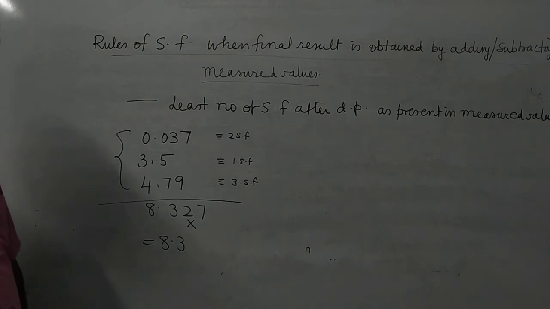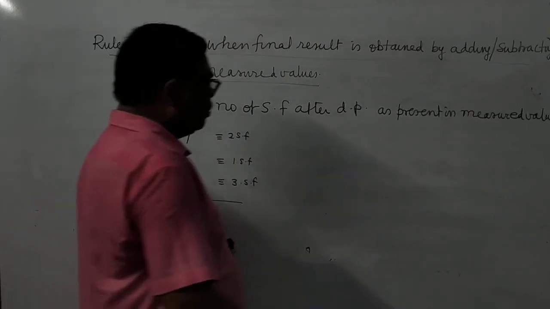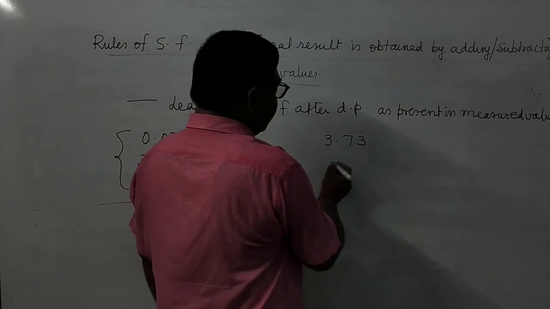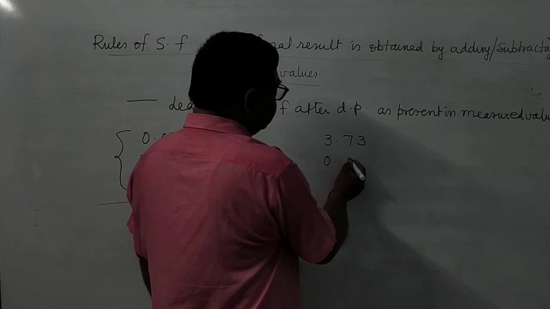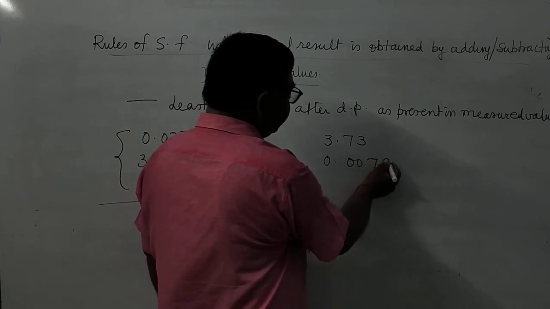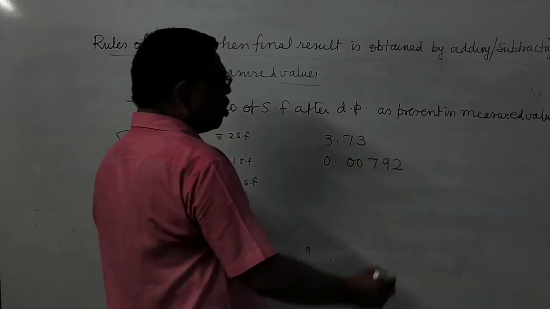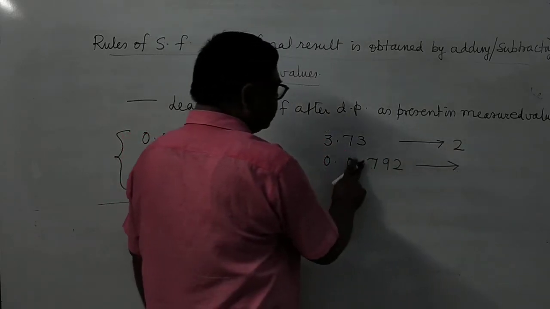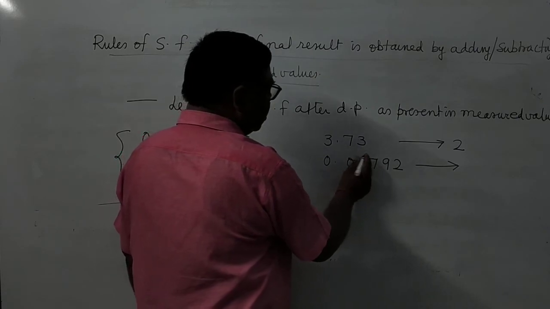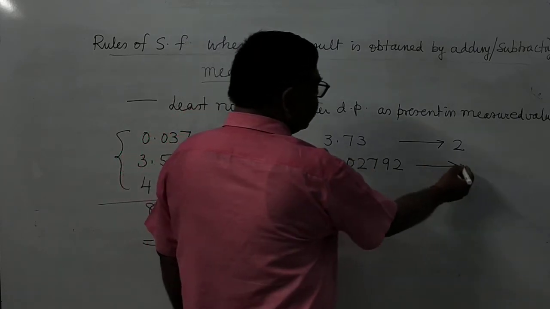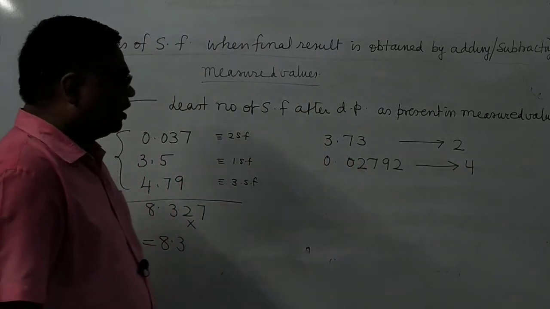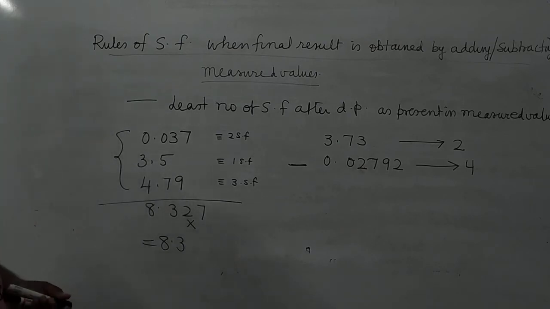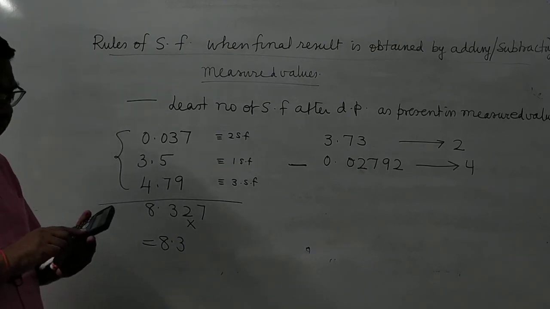Suppose here there is a value 3.73 and this is 0.02792. There are how many significant figures after the decimal point? Two here, and here there are four. And here we are subtracting. So how many significant figures will there be after the decimal point after subtraction?